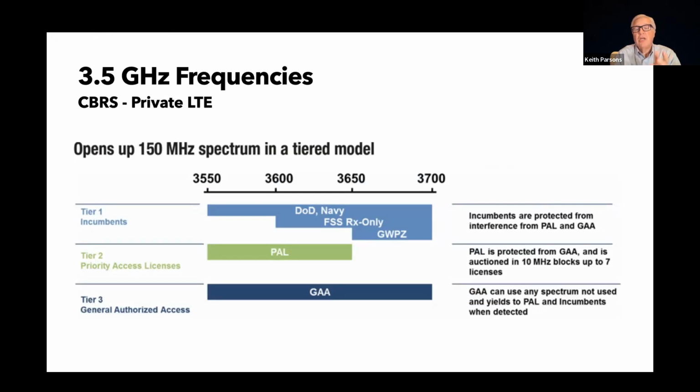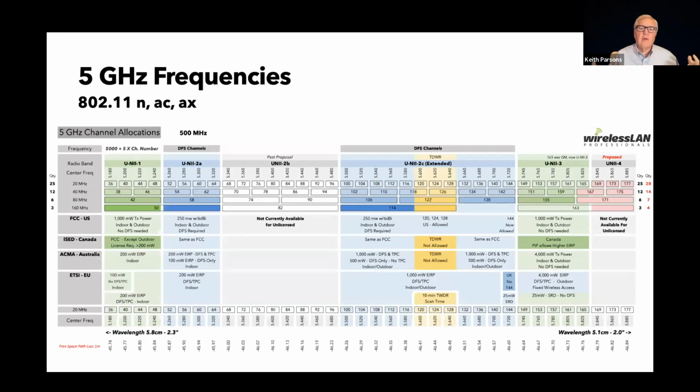So check your device, but most devices today are capable of being CBRS available. Then we get to the 5 gig frequency, a big, huge chunk of spectrum. We've got a slide later showing the differences in the amount of spectrum, but we have a ton of spectrum up in 5 gig.